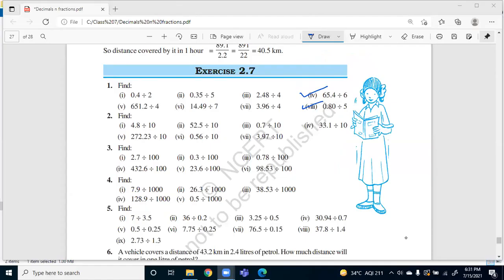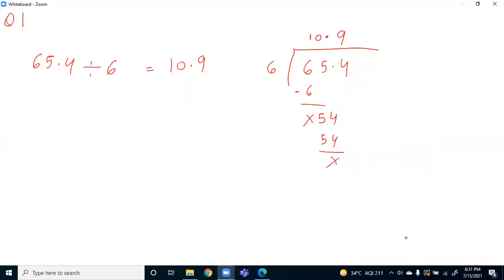That is 0.80 divided by 5. So I will be writing it. I have to put the decimal first, then 5 ones are 5.